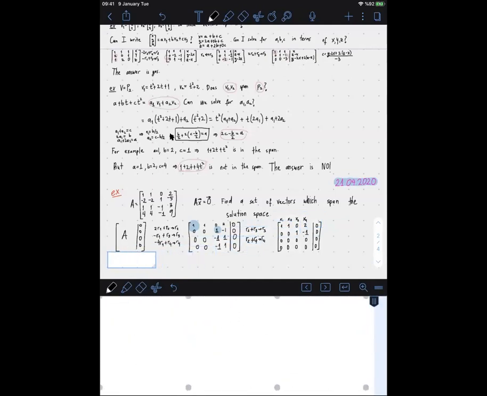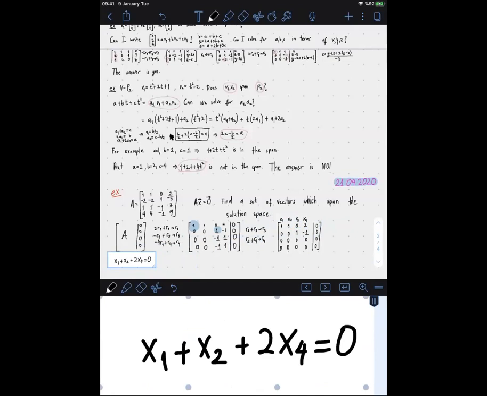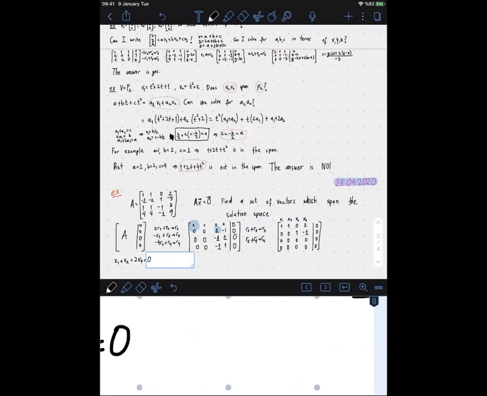So this means x1 plus x2 plus 2x4 is 0. And the second equation is x3 minus x4 is 0.